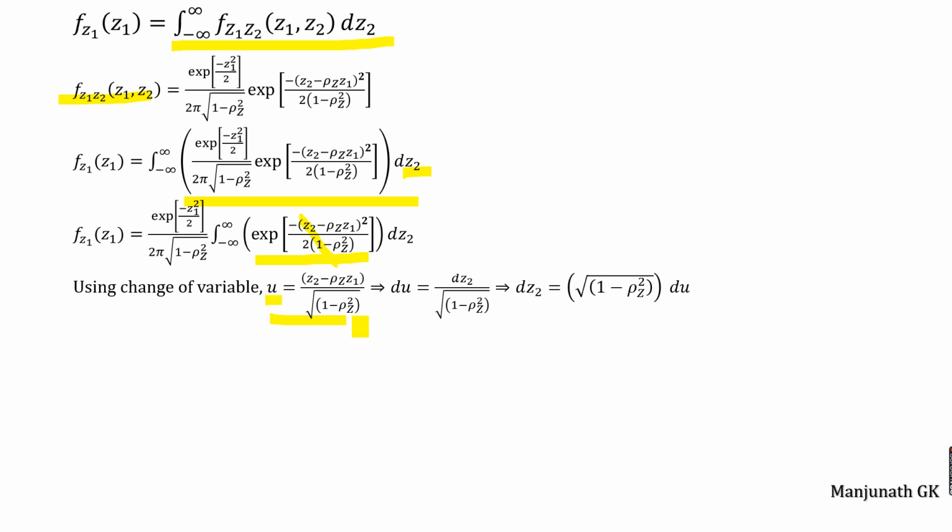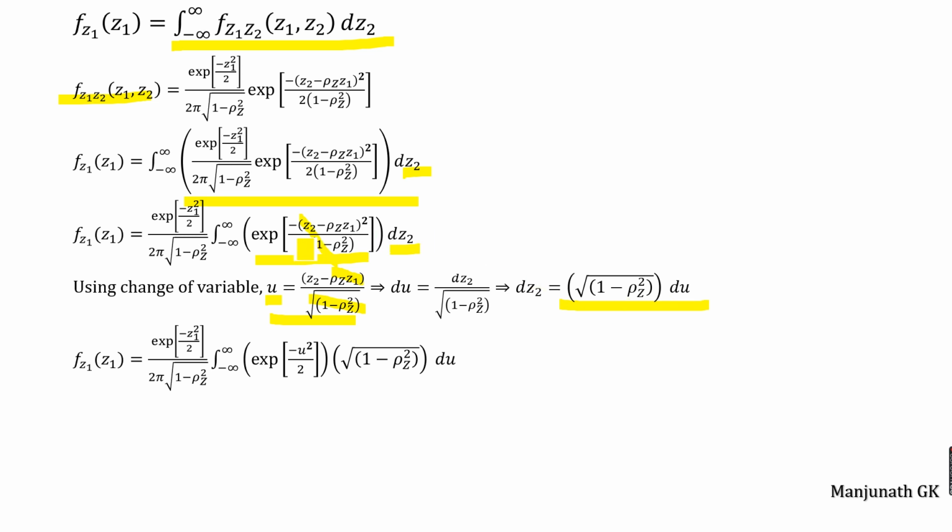Now differentiate this equation. Differentiation of u is du, and this is a constant. Differentiation of z2 is dz2, and the differentiation of the constant is 0, so this dz2 can be written as this term. Alright, after the change of variable, these terms will be written as it is. dz2 can be written using this formula, and the exponential of it becomes minus u square by 2.